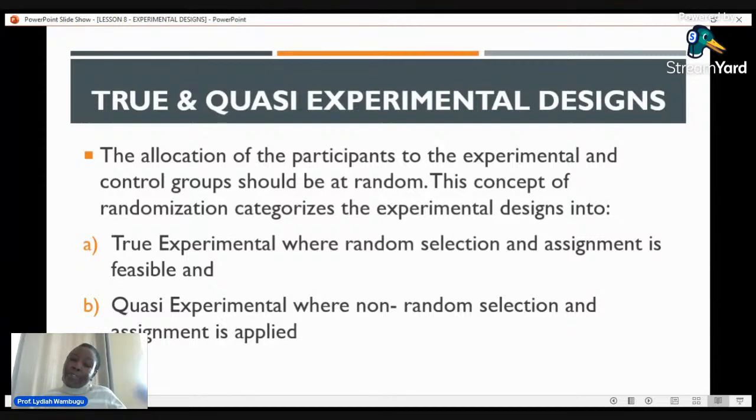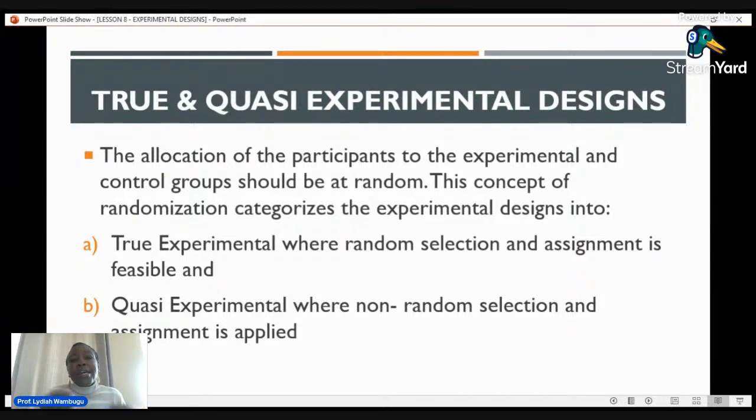You know the words effect and impact, for those who have done M&E. Effect normally looks at the changes that have been brought to the beneficiary, but impact goes beyond the beneficiary. Impact is normally done a long time after the project has ended, and it has brought change to the beneficiary plus others who are around them.